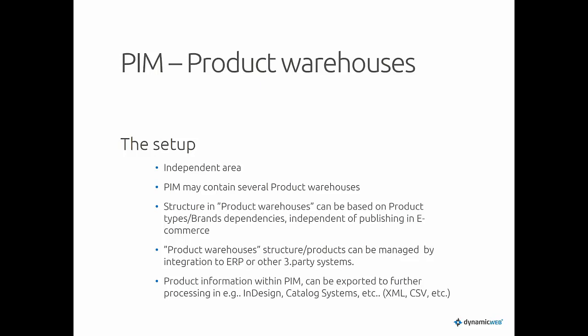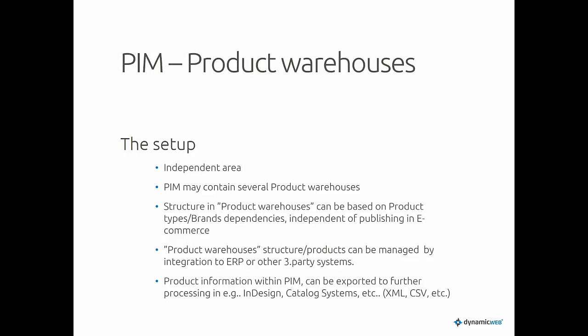So along with marketing and files and e-commerce and users, you also get a PIM node specifically targeted for managing products in a PIM matter. And a warehouse is basically the same as a shop in the current solution, but how we work with the products and how we organize them and edit all the product data is going to change quite significantly compared to Dynamicweb as you know it.